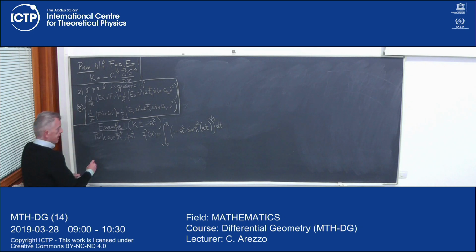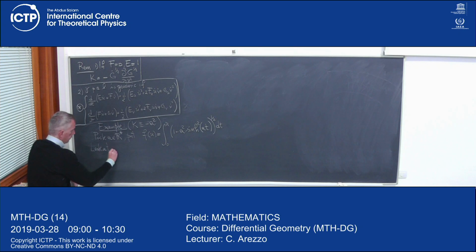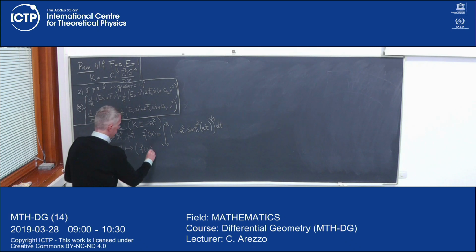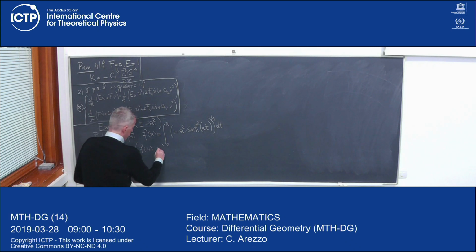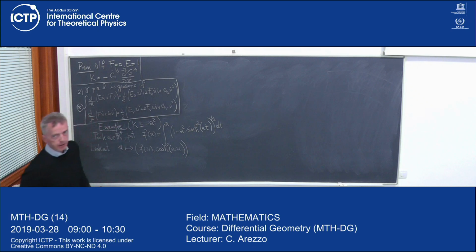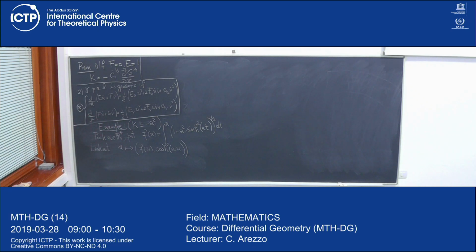Now, you look at the curve u going into (f of u, cosh of au). Look at this planar curve here.